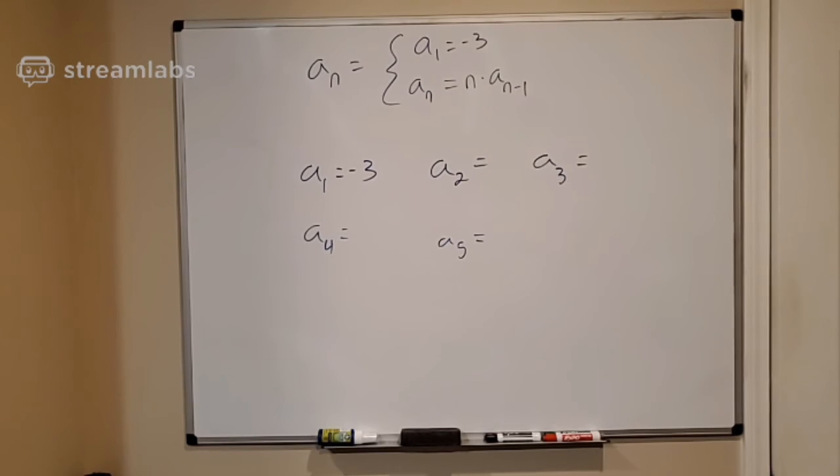What does n represent? n is any number, the number term that we're on. If we're on the third term, n is 3. If we're on the fourth term, n is 4. Here's the problem: what is a sub n minus 1? We have to make sure we understand what that is.